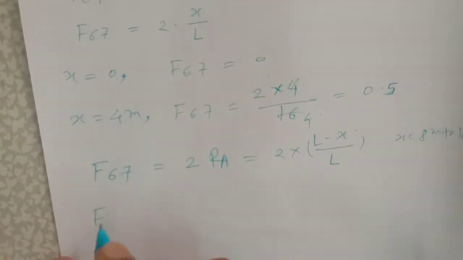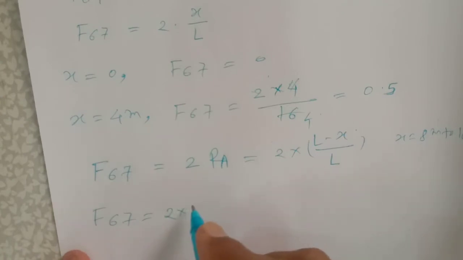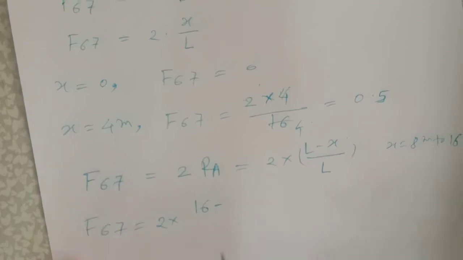So force in member 6, 7 is equal to 2 multiplied by, what is L? L is equal to 16 meter, divided by L, again 16 meter.